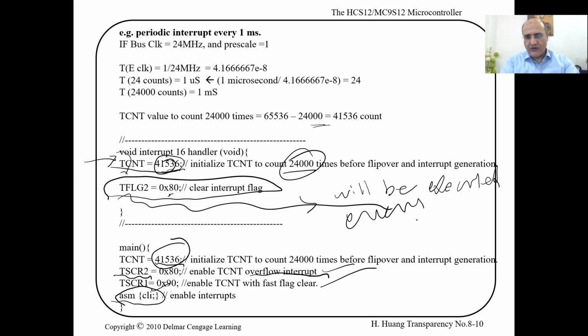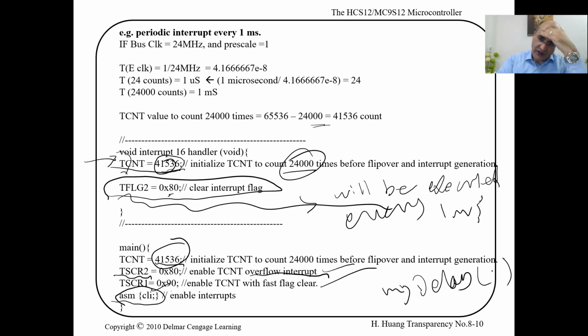every 1 millisecond. Okay, what if I ask you to use the Tcnt counter to create a delay function called myDelay, just like when we did in the RTI interrupt, and I pass it milliseconds. What would you do?